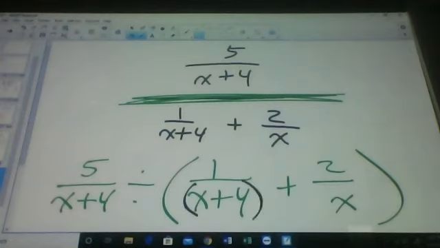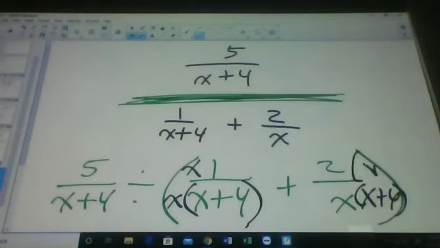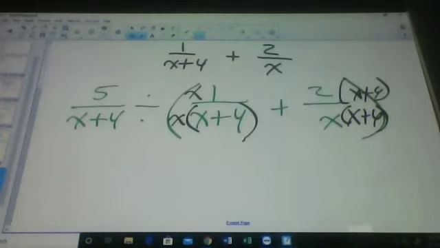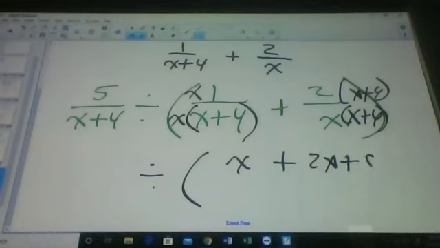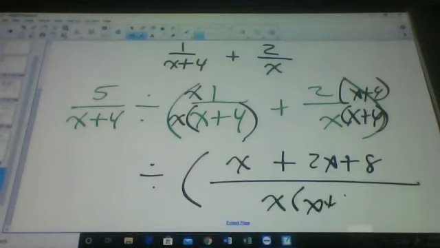So what is this guy missing? He's missing this x. What's this guy missing? He's missing x plus 4. What we do to the bottom, we have to do to the top. Otherwise, we change the magnitude of the fraction. So I have x plus 2x plus 8 over x times x plus 4, common denominator, right?